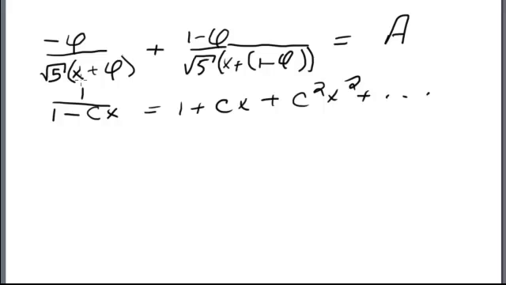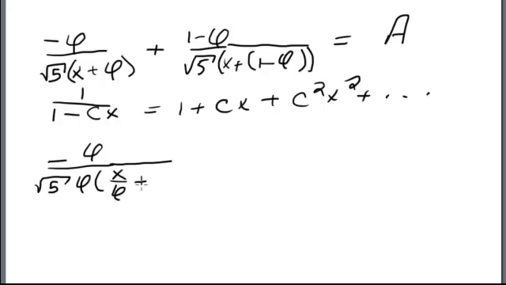So we want to get this in this form. And so what I'm going to have to do is distribute out this phi. So you're going to get negative phi over the square root of 5 times phi, now I pulled that out, so that's 1 over, x over phi plus 1.